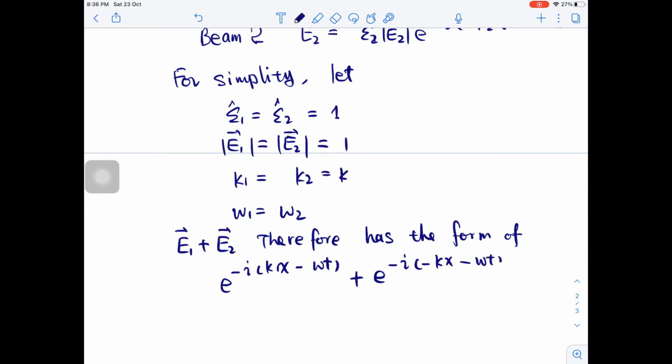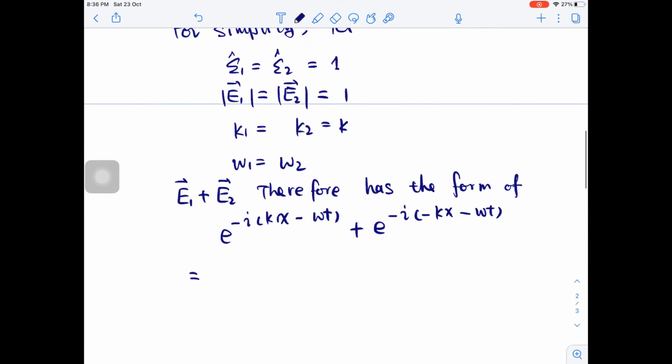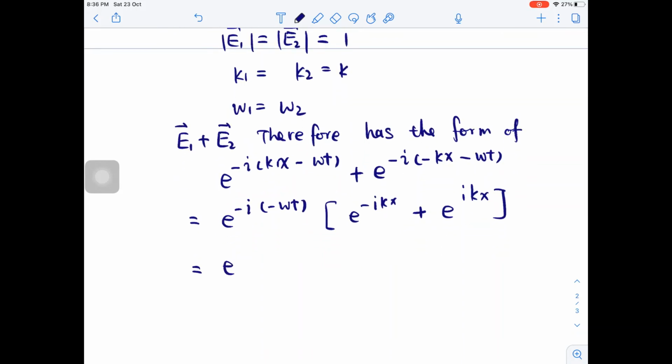We can get the common term out, that is minus omega t, and then we combine the uncommon term, and we can use the Euler formula to expand this to be 2 times cos kx.